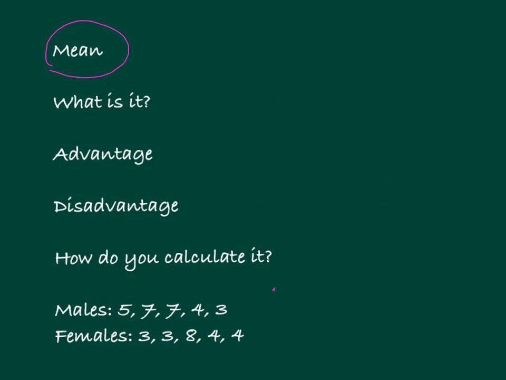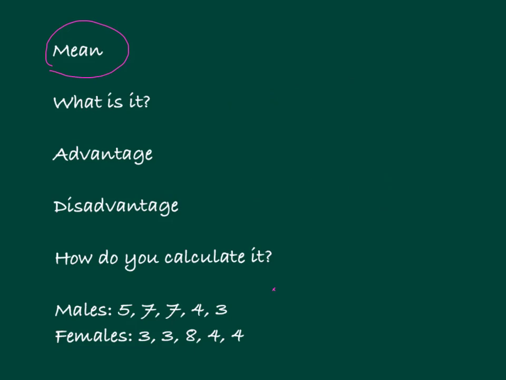A disadvantage would be that because you're using all 5 scores, if there is an extreme score or an outlier, neither high or low, it would affect the rest of the results. So our range of scores here are from 3 to 8, but if you had a score, say, of 20, which was obviously very different to the rest of them, that would be an extreme score, and that would affect your mean. So that's a disadvantage.